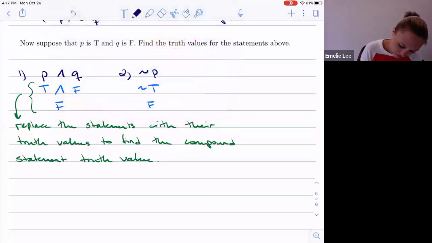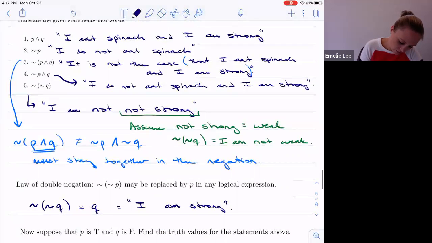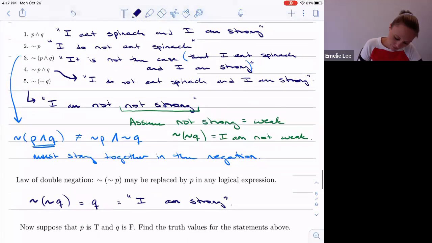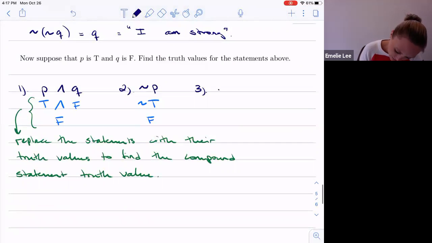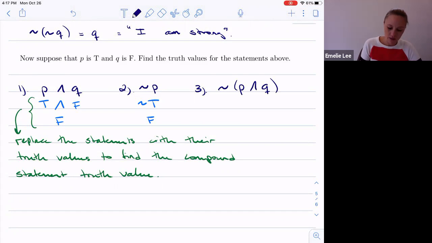So going to the third one, that was that tricky one, the negation of P and Q. Order of operations says I have to deal with what's inside the brackets first.